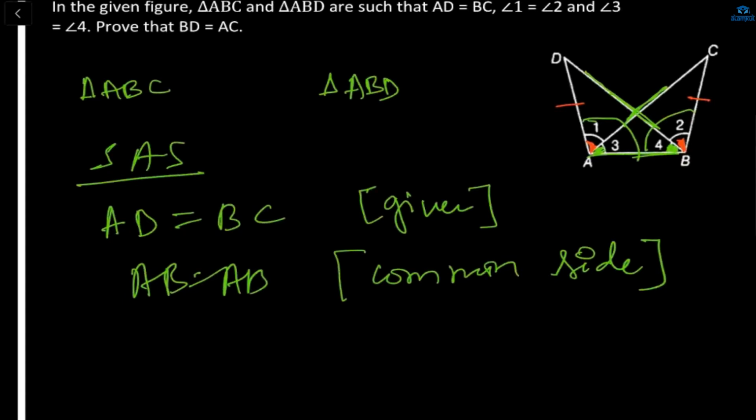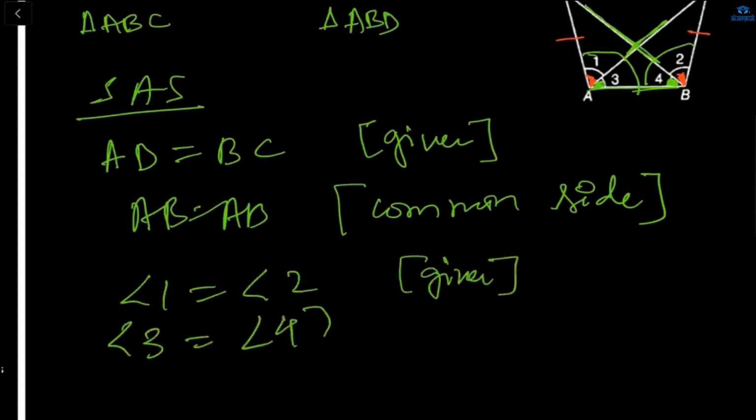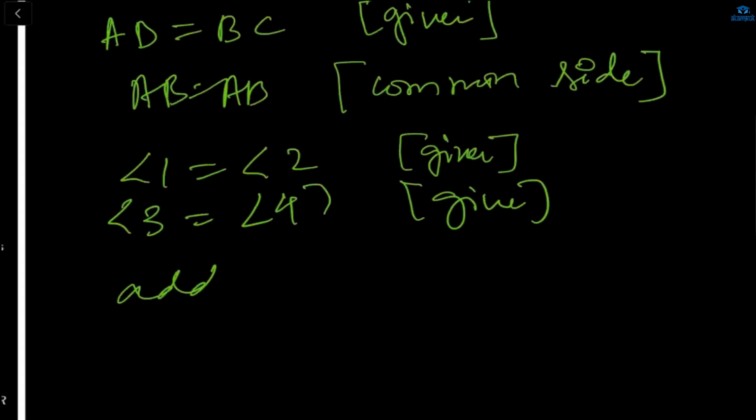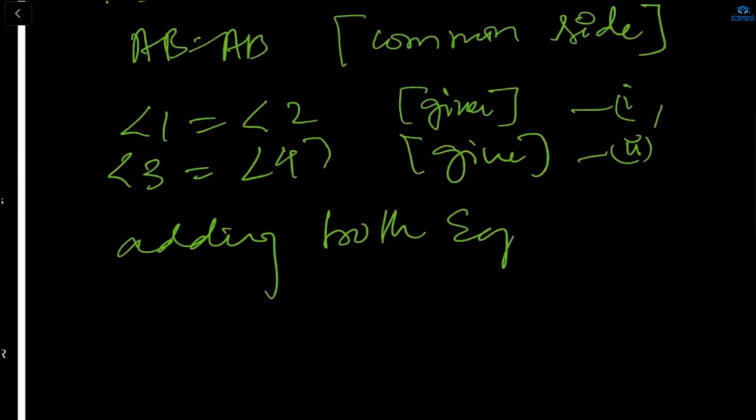It is already given that angle 1 is equal to angle 2, and angle 3 is equal to angle 4. Adding both equations, angle 1 plus angle 3 is equal to angle 2 plus angle 4.